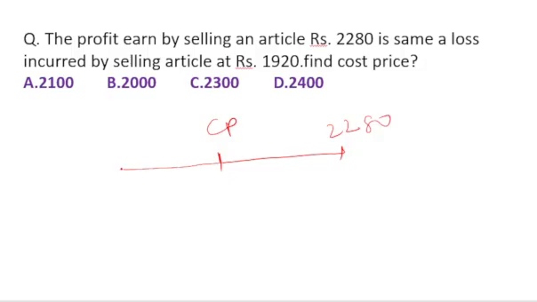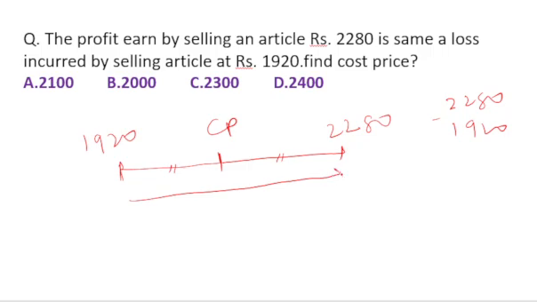If he sells at 1920, he incurs the same loss. So we take the difference between these two numbers, 2280 and 1920, finding the distance between these 2 points.